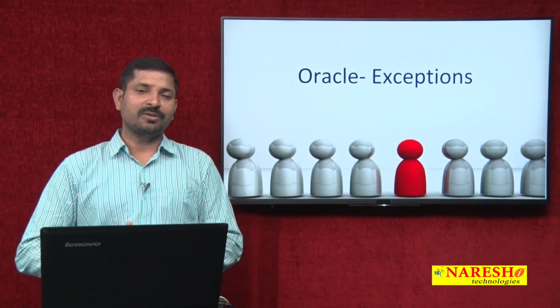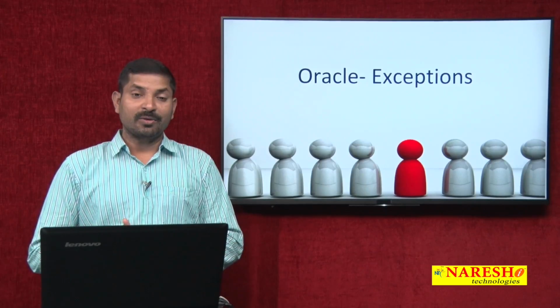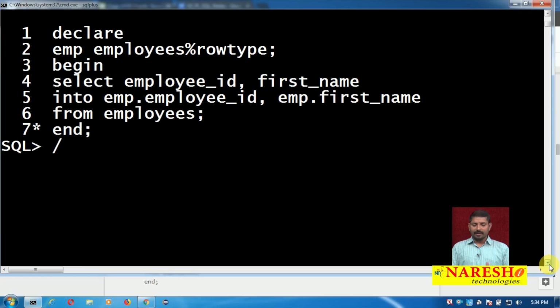Let me briefly tell you first how an exception occurs. See here, I have written a small PL SQL block wherein I want to fetch details from the employees table, that is employee first name into emp.first_name from the employees table.